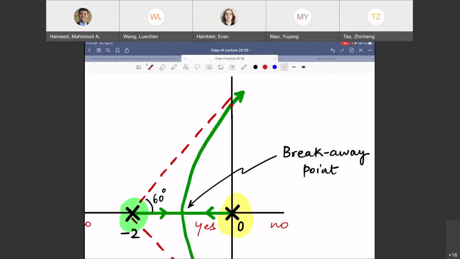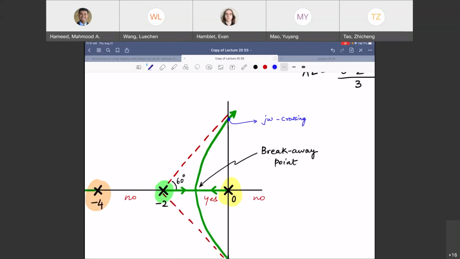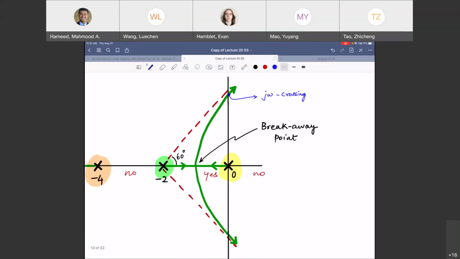This point is called j omega crossing. Why is this important? Stability, right? So we are going to understand with this, at what value of k do we become unstable? As you are increasing it from 0 to infinity, at what value of k did we cross over and become unstable? So j omega crossing there as well as here, right?